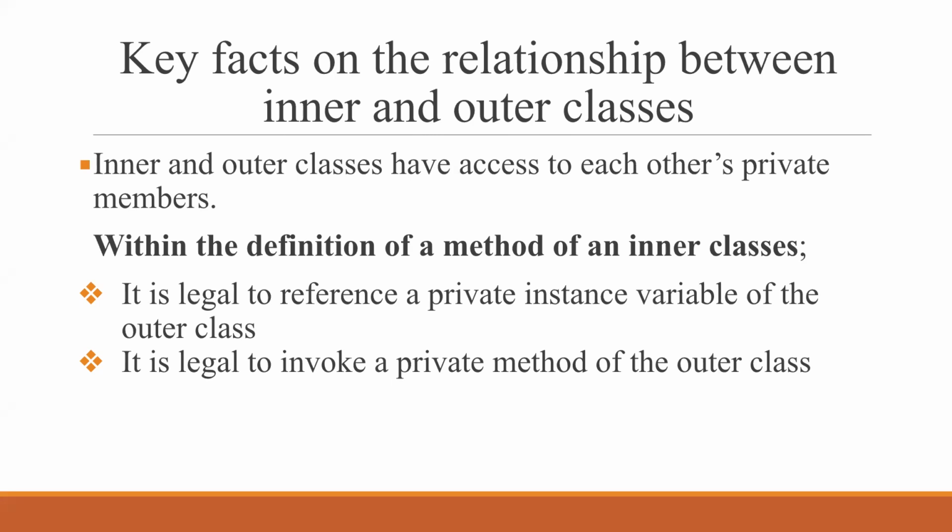So we are saying within the definition of a method of an inner class, it is legal. When I say it is legal, in a programming context, it means it is not causing any errors, whether syntax or any other type of error.